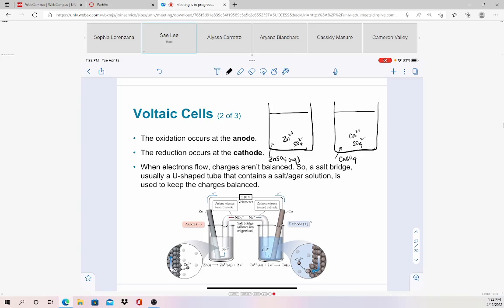In the beaker on the left, there is also a piece of zinc metal sticking into the aqueous solution. The beaker on the right also has a piece of copper metal submerged into the aqueous solution.